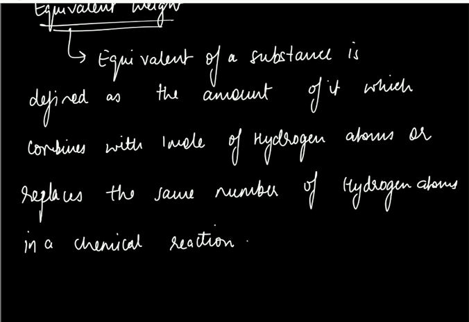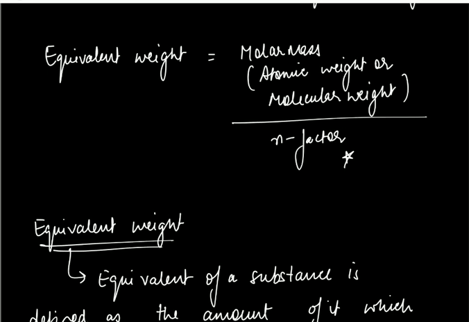So we can say the weight in grams of one equivalent is called the equivalent weight. That's why we always try to calculate this equivalent weight in grams.